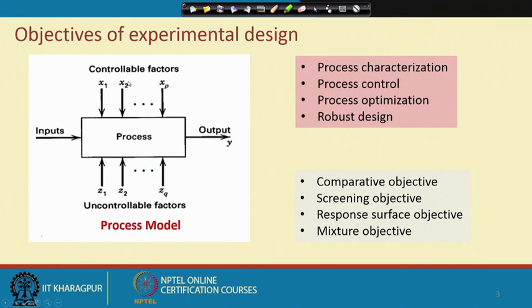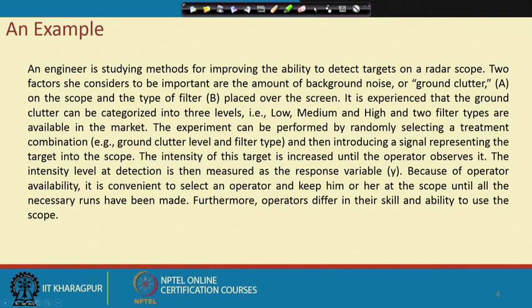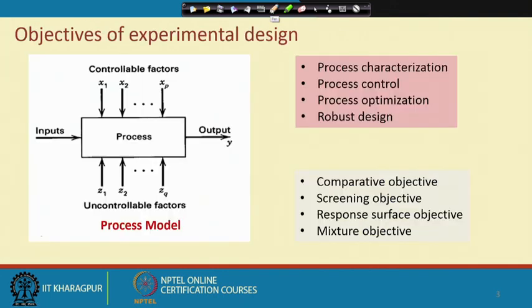This process model is a very important one, and please understand that whenever we talk about an experiment, we talk about an experiment on a process, which is controlled by several controllable factors, which is affected by uncontrollable factors, and the effects are realized on the output response variable.